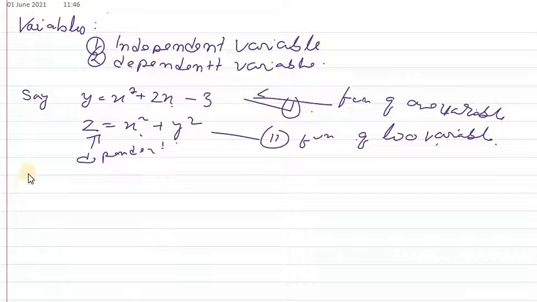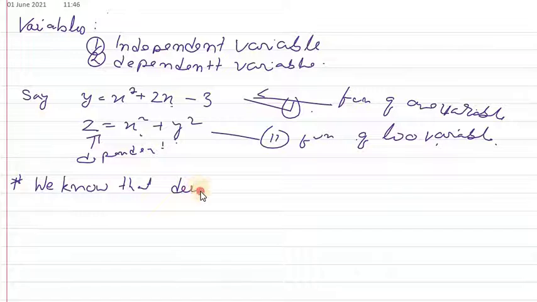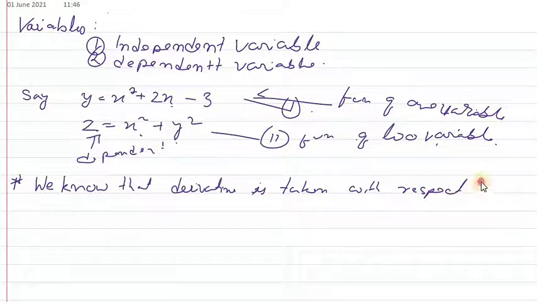When we take a normal derivative, we know that derivative is taken with respect to the independent variable.